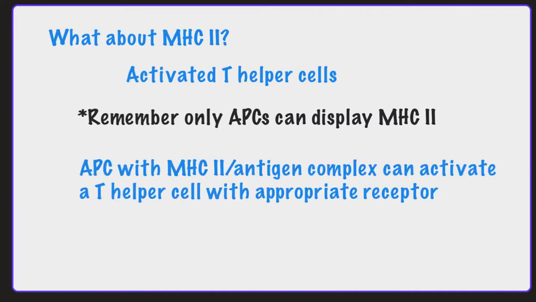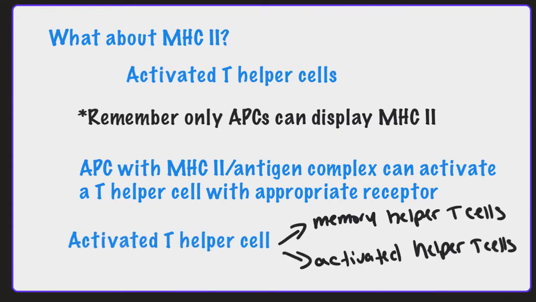If the T helper cell recognizes this MHC2 antigen complex, then it will go on into clonal expansion, and memory helper T cells will also be made, and then activated helper T cells.